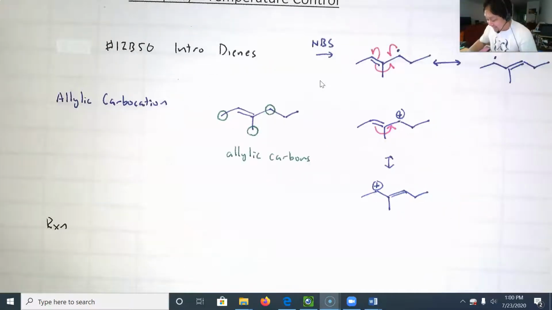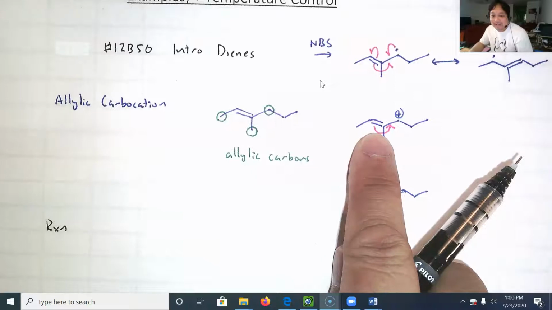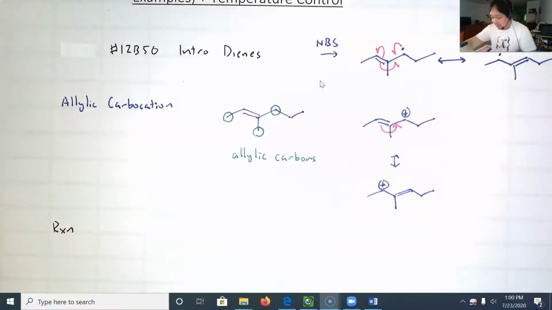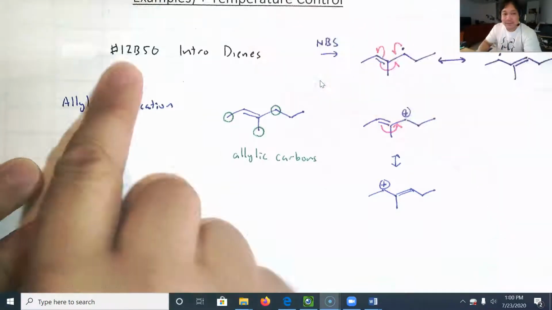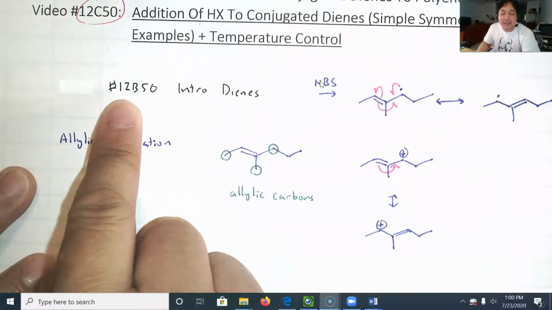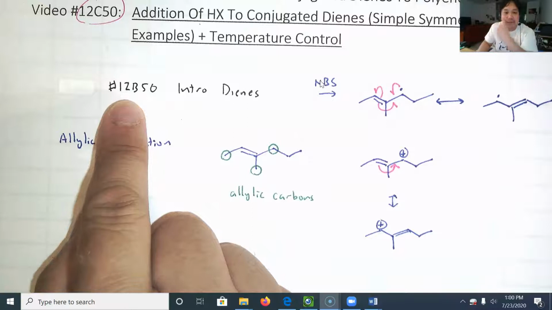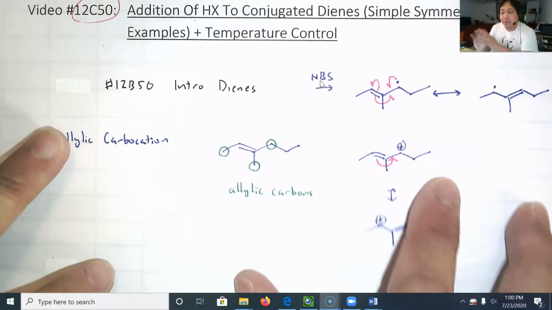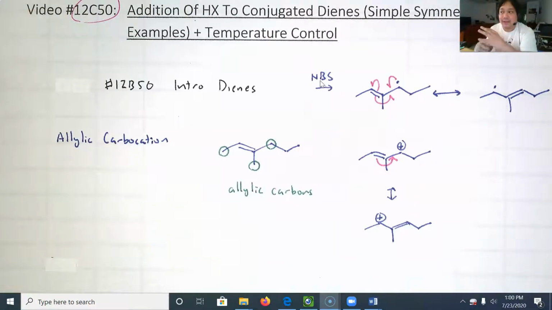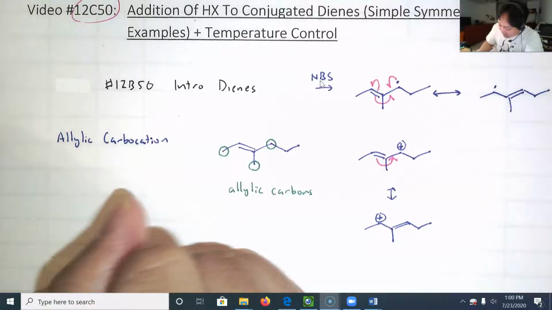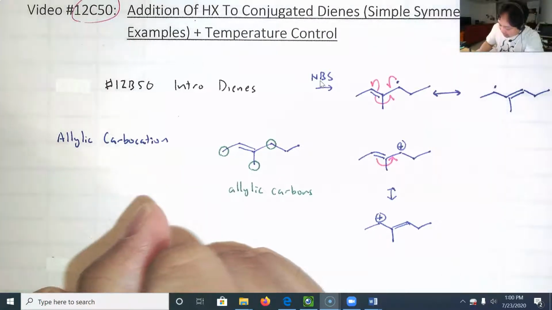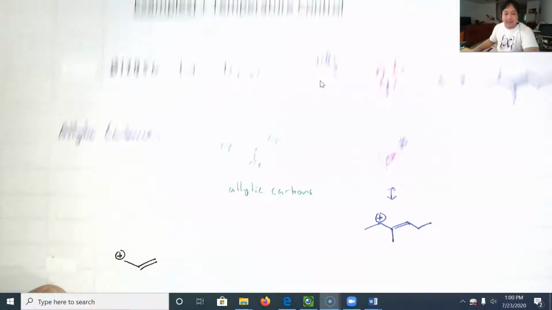Sorry about this. Let's take a look at a very simple allylic carbocation, because remember last time in this video here when we introduced dienes, we were very concerned about the p orbitals, because when the p orbitals align, that's what allows us to shift electrons because they're overlapping. Well, let's take a look at this allylic carbocation, very simple one, that.